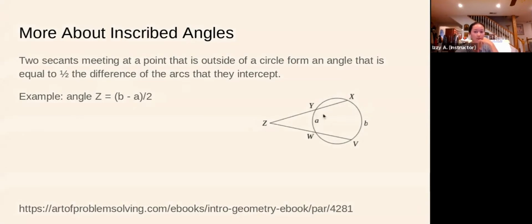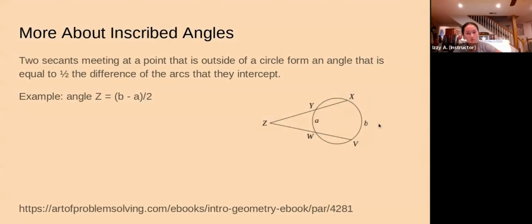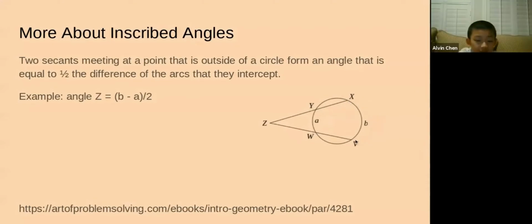So that's arc A and arc B, and you subtract one from the other, find the difference, and then divide that by 2. Doesn't arc B equal arc A? No, they're not equal.